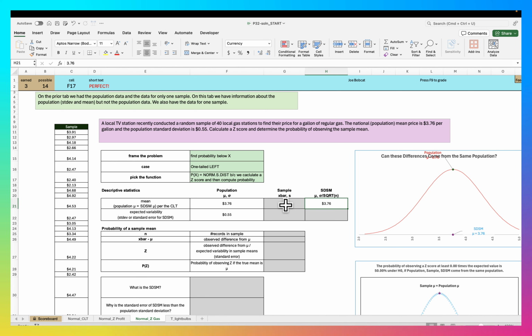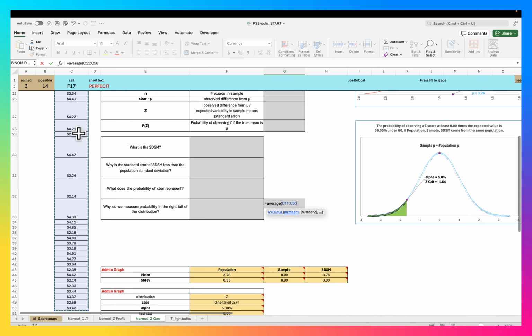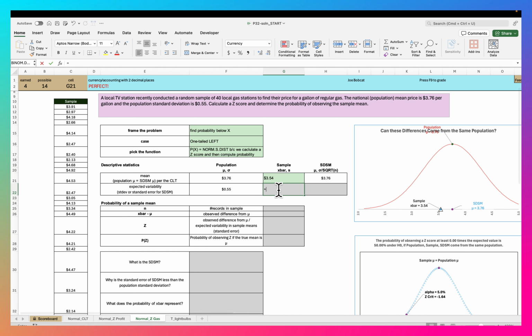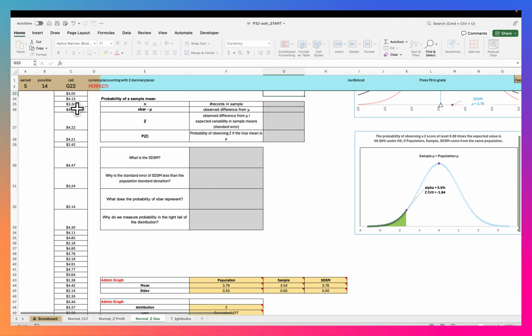So let's get the ones that we don't know. The x bar is the average of these, and the standard deviation of the sample is this.